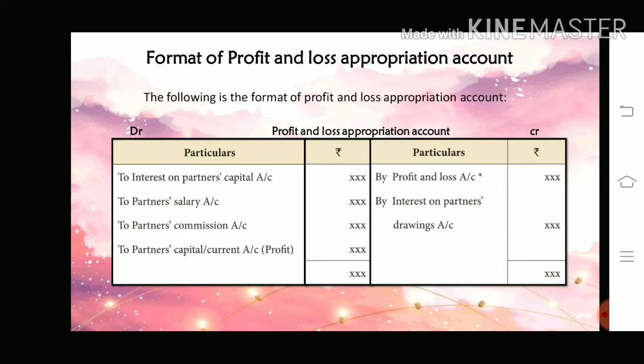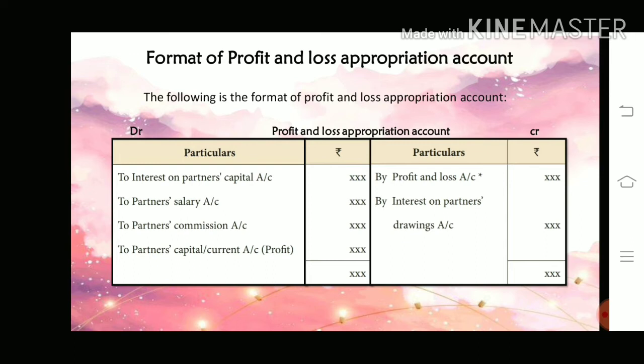Okay? Once again, repeat this format. First we will come to the credit side. First, on the credit side, we have to see by profit and loss account. This value is considered the net profit value, then by interest on partners' drawings account. And then on the debit side, interest on partners' capital account, salary and commission come. We compare the debit and the credit side.